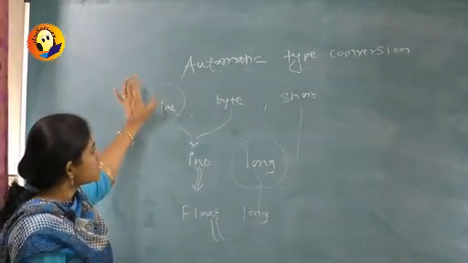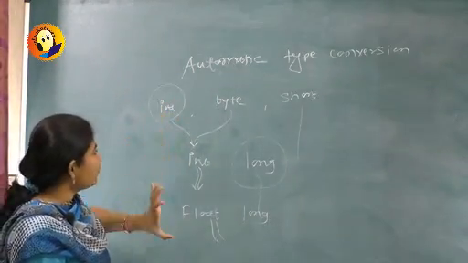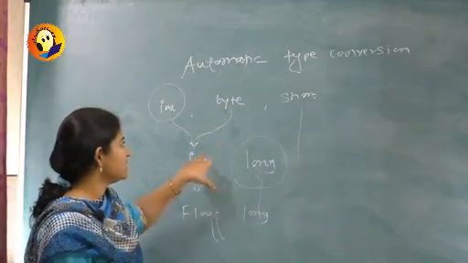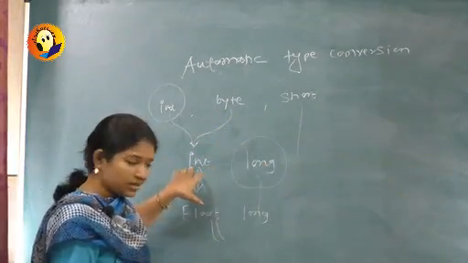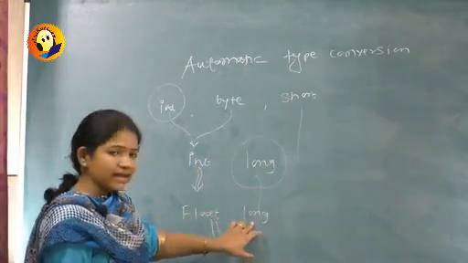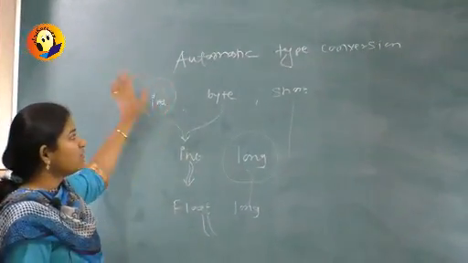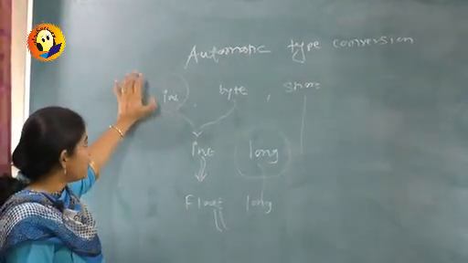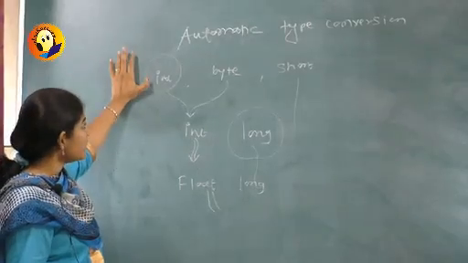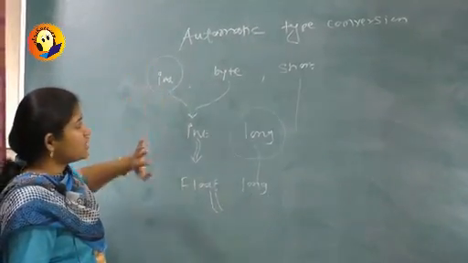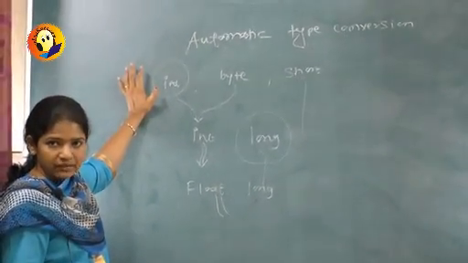This type of conversion, that byte is considered as integer, short is considered as integer, long is considered as float, is all done automatically by JVM. So this particular conversion is called automatic type conversion.